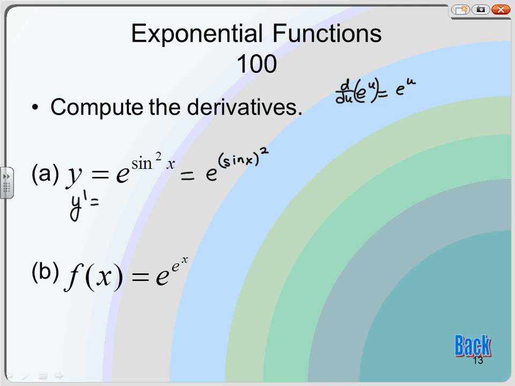So if I'm doing the derivative of e raised to the sine squared x, it's just going to be itself, e raised to the sine squared x, times the derivative. So the derivative is 2 sine of x times the derivative of the inside, which is cosine of x.